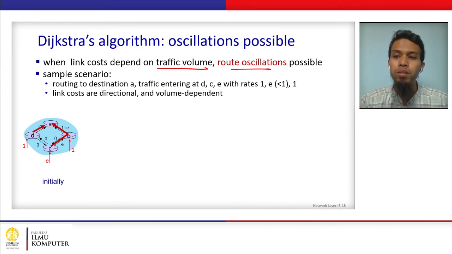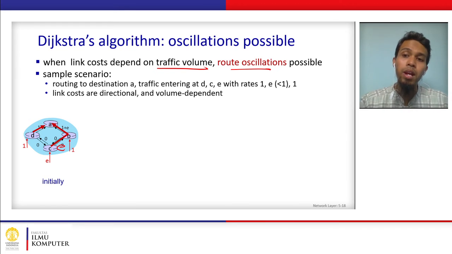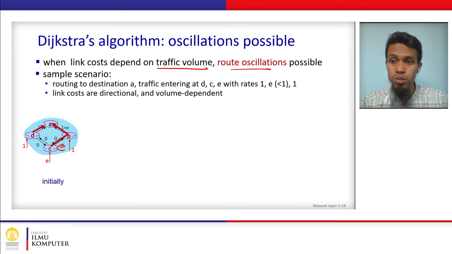So now the traffic volume between C and B becomes e, and then the traffic volume between B and A will be the sum, e plus 1, because there is e from C to B, and then B to A is also e, plus 1 because there is traffic coming to B from another source with the volume of 1.